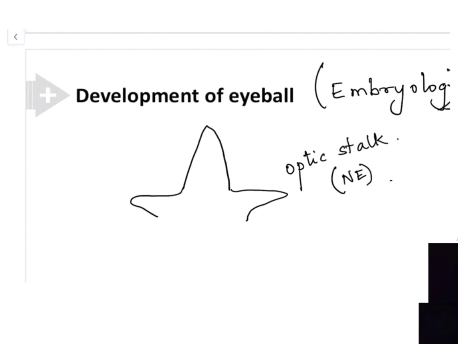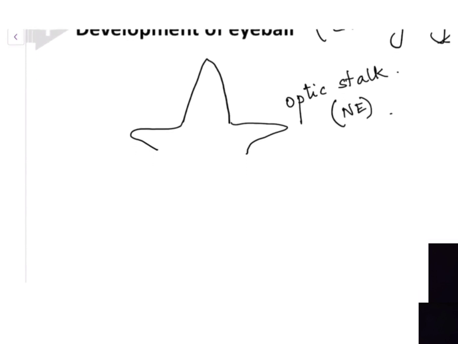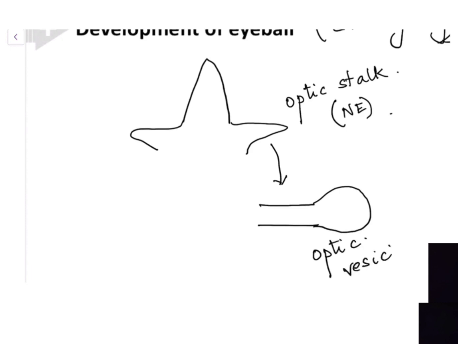Now gradually, this optic stalk changes its shape. I am just drawing this optic stalk of one side. It changes its shape and becomes a little bit bulbous like this, and then we call it the optic vesicle. This optic vesicle then comes in contact with the developing surface ectoderm.